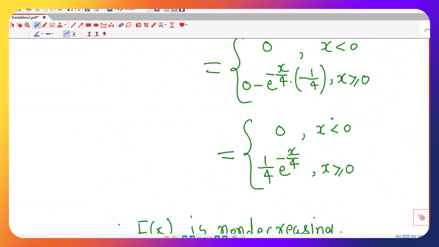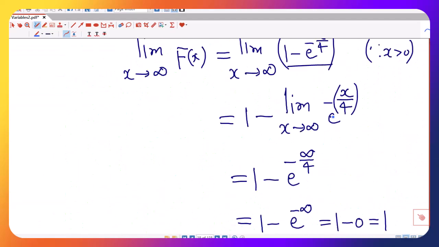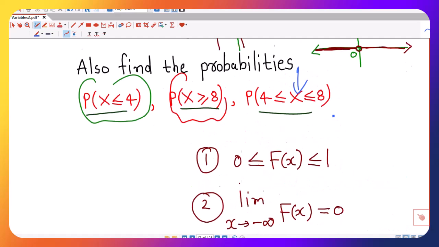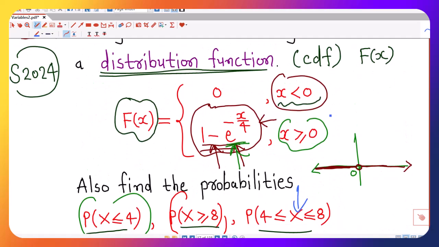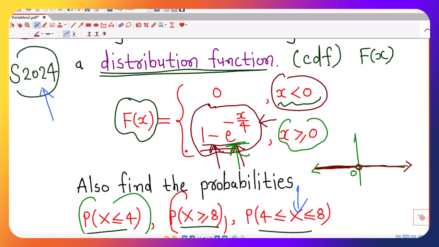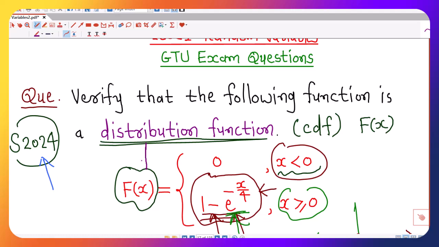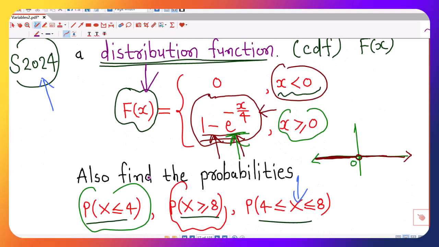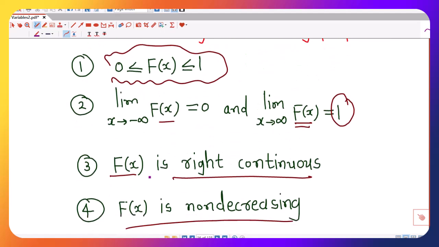So this is a very nice question. This type of question was asked for the first time in this GTU Summer 2024 exam, and here we have to verify that the given function is a cumulative distribution function, and for that we have to remember these properties. We have to check whether the function satisfies these four properties or not.